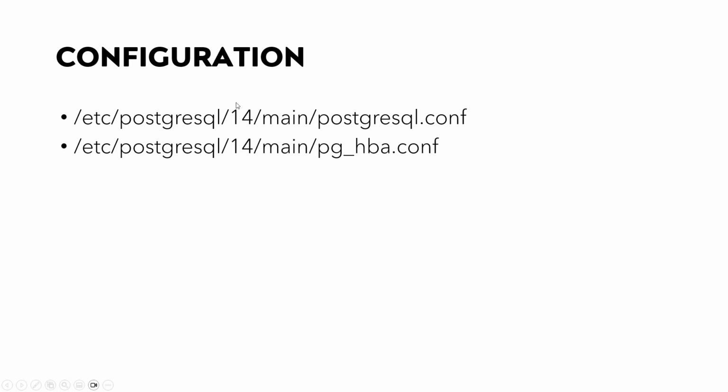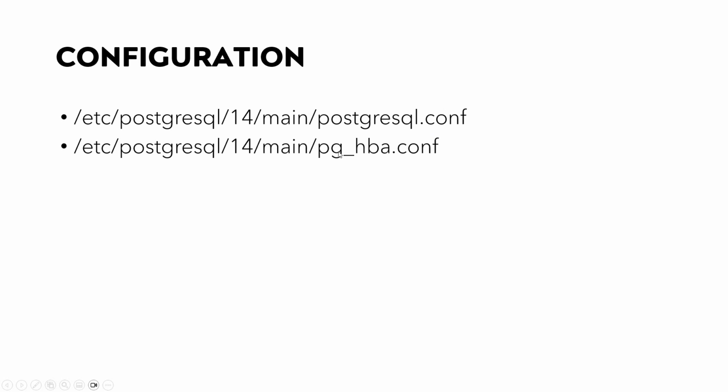So in Ubuntu it would be 14, in Debian it would be 13. Then the name of the cluster, we talked about clusters in the last video, but by default the cluster is called main. And then postgresql.conf is a very long file with lots and lots of parameters in it, so most of the parameters we set are going to be in there.